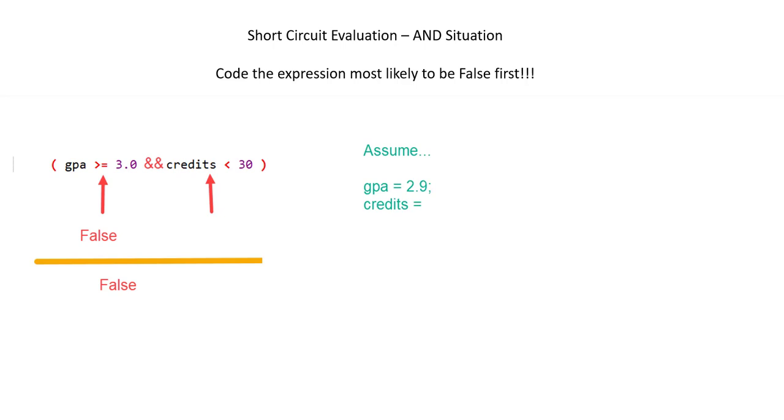It doesn't matter, because in order for an and situation to be true, both have to be true. So if the first one is false, I don't even need to go any further. I know the whole thing's going to be false. So to do short circuit evaluation in an and situation, you're going to have to code the expression most likely to be false first. Because if it sees that it's false, then the whole thing is false.